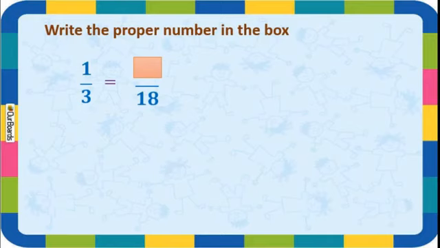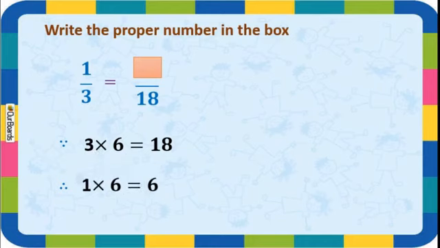Here 3 we have to convert into 18. 3 sixes are 18, isn't it? 3 sixes are 18, so we have to multiply the numerator also by 6. So 1 six is 6, so we will write here 6. Okay, 6 upon 18, isn't it?